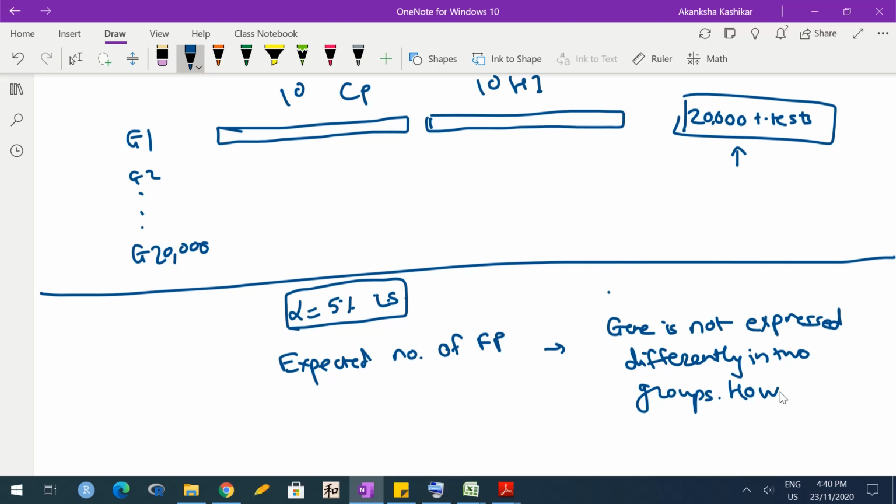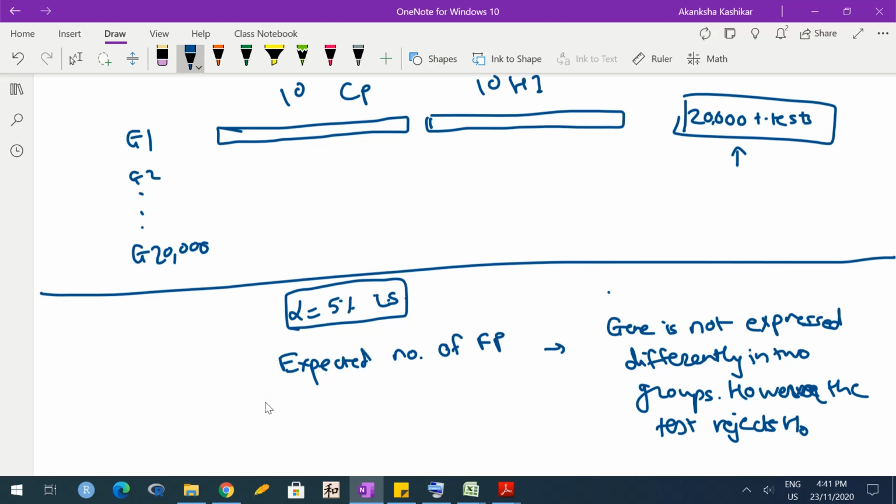However, the test rejects the null hypothesis. Your null hypothesis is equality, so the test says they are unequal. So what is the expected number?